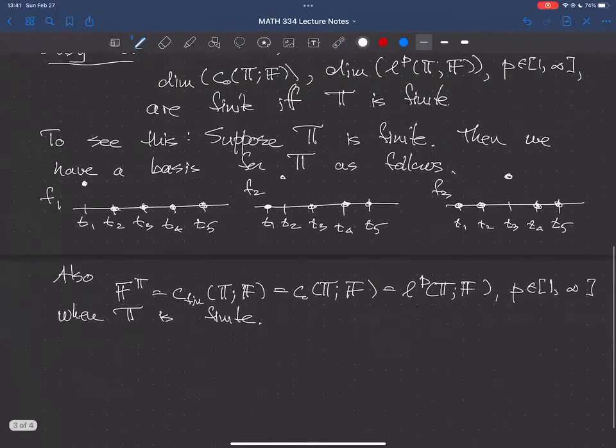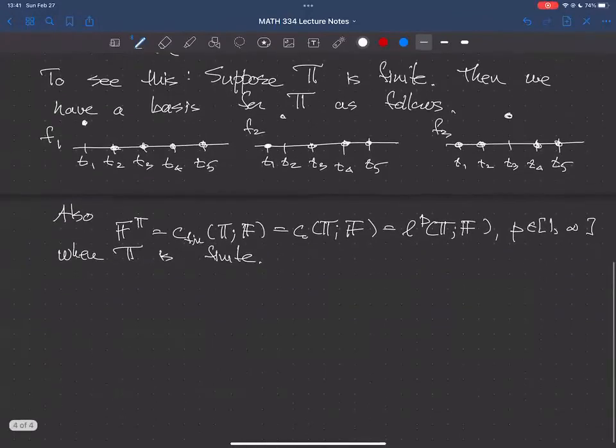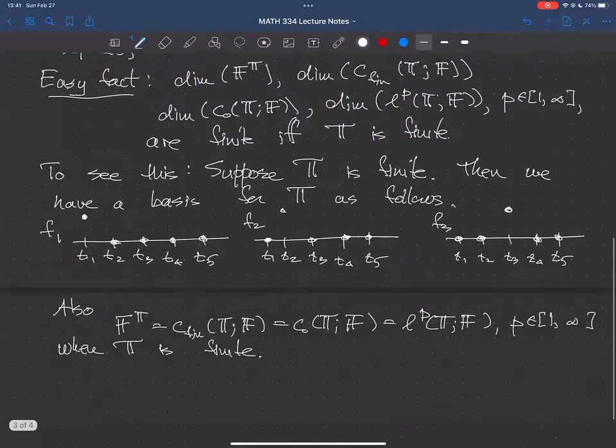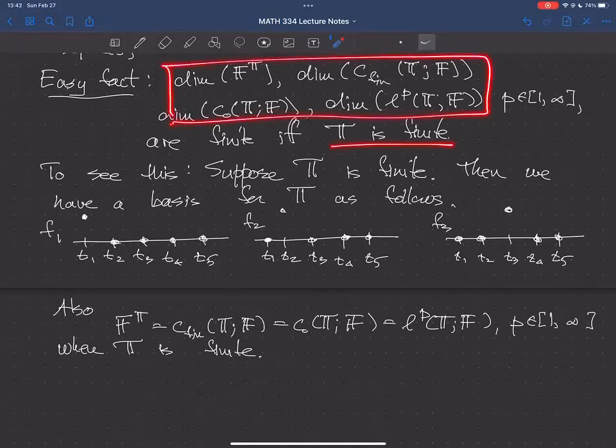Now let's look at the converse. And so we need to show that if these dimensions are infinite, then the time domain is infinite, is kind of how that reads. And we're going to show the contrapositive, which is we're going to show that if the time domain is infinite, then all of these dimensions must be infinite.